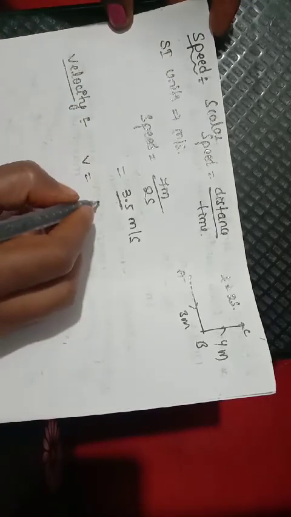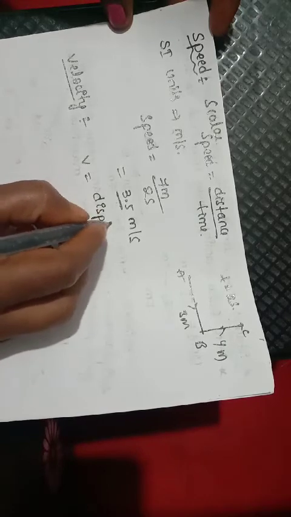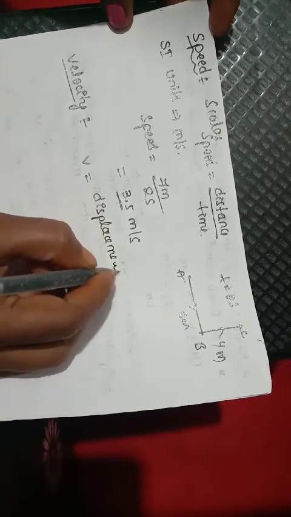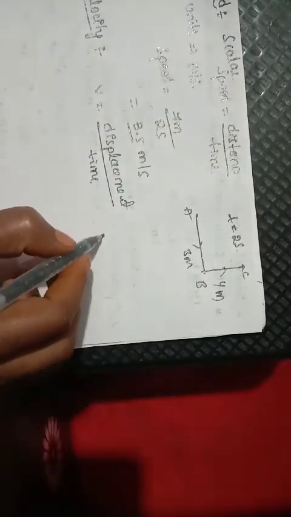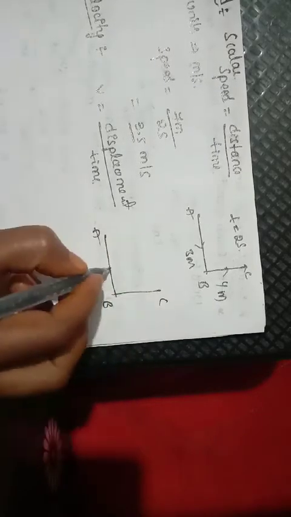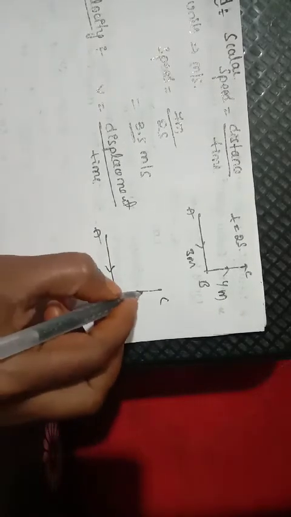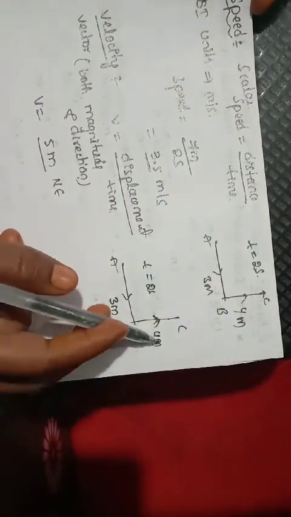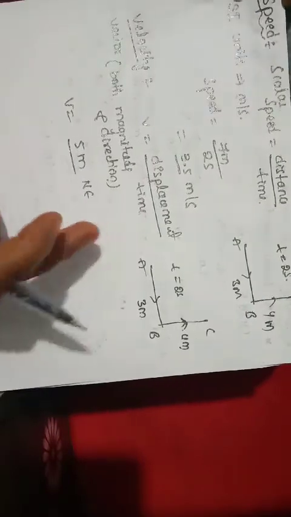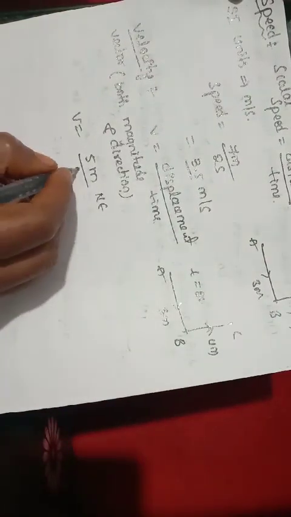Next, velocity. Velocity is nothing but displacement by time. Same example: the same time, 2 seconds, and the displacement we already found previously, 5 meters, over 2 seconds.